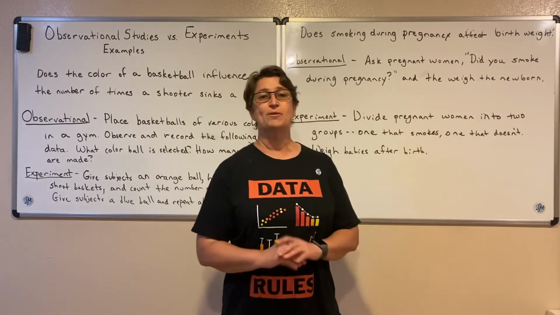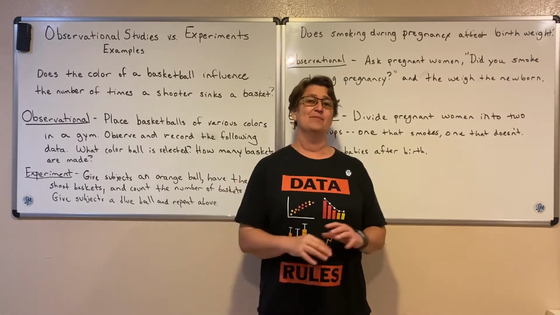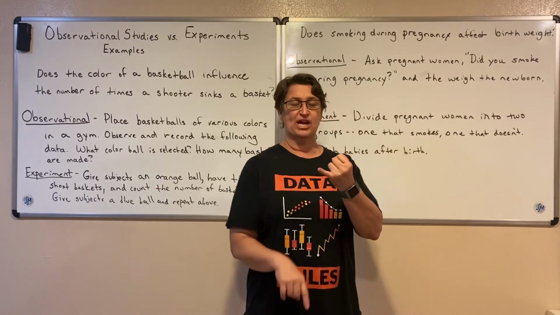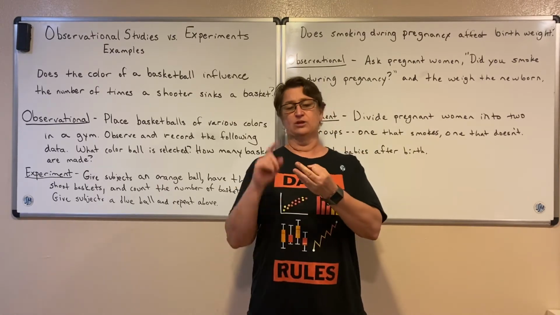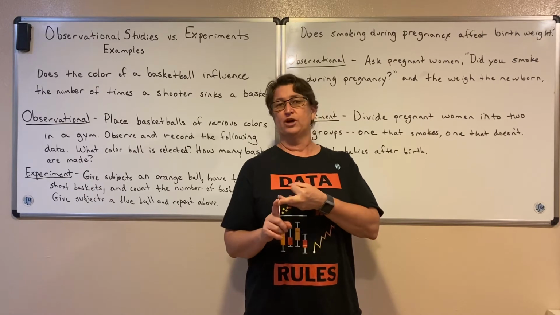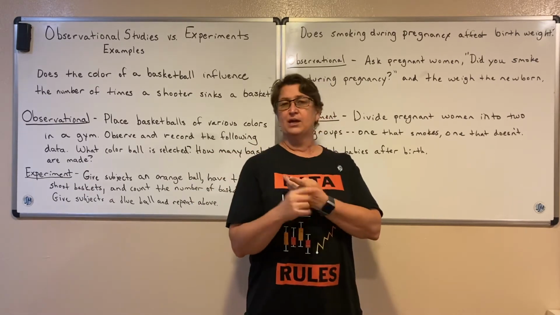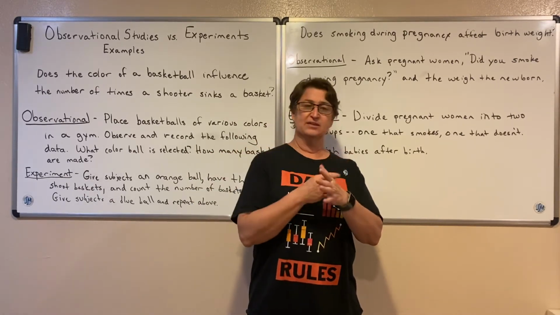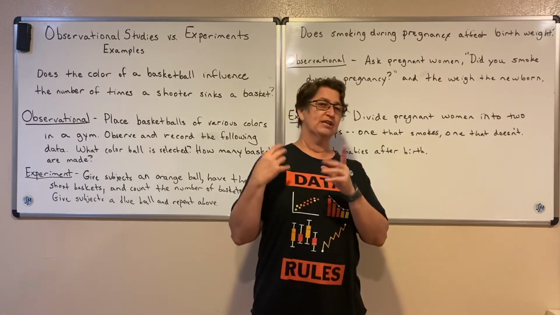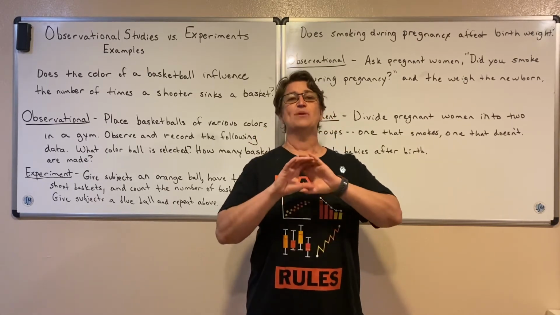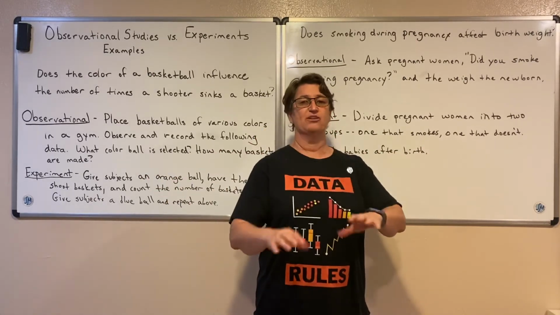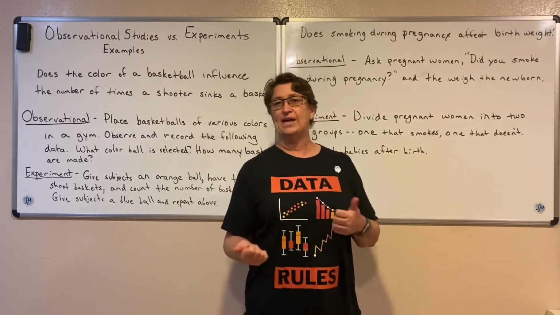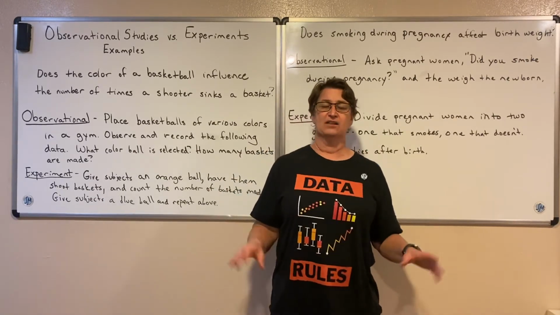You would want your women to be exactly the same in every way that you can think of: education level, financial level, the number of people in their home, what they're eating during pregnancy, how much they're working during pregnancy, how much they're sleeping. You make your two groups as much as possible the same. Their race, their age, all that exactly the same.